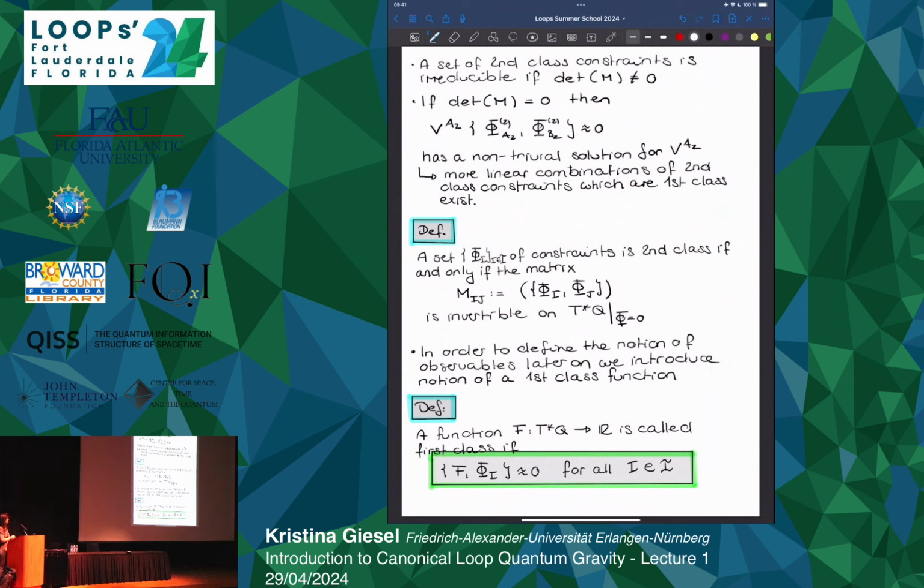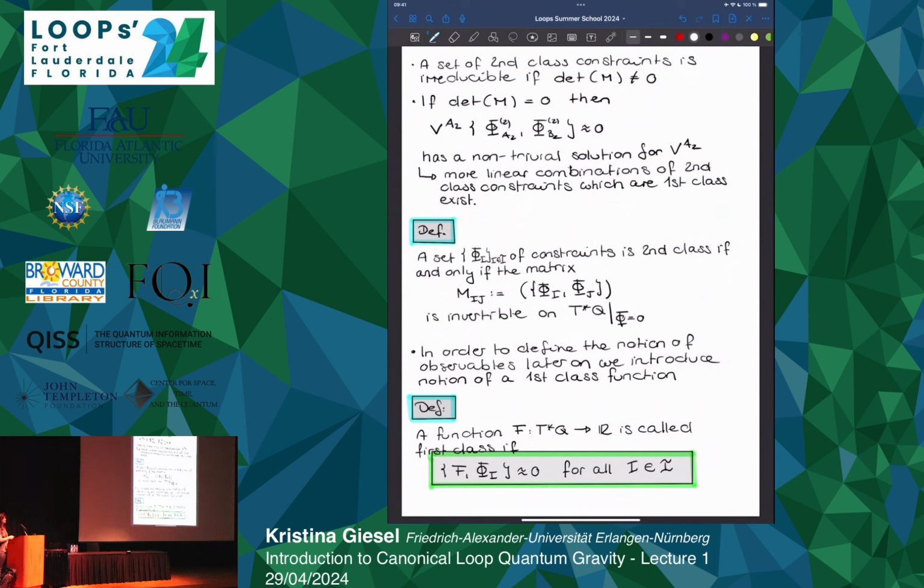If this is the case, I know that V^A2 contracted with this Poisson bracket is weakly vanishing, which means there's a non-trivial solution for the V here, which means there exist additional combinations of second class constraints which are first class. And therefore, we just define this matrix. If the determinant is vanishing, it's non-invertible. If it's non-vanishing, it's invertible. And if this is the case, then we say we have an irreducible set of second class constraints.